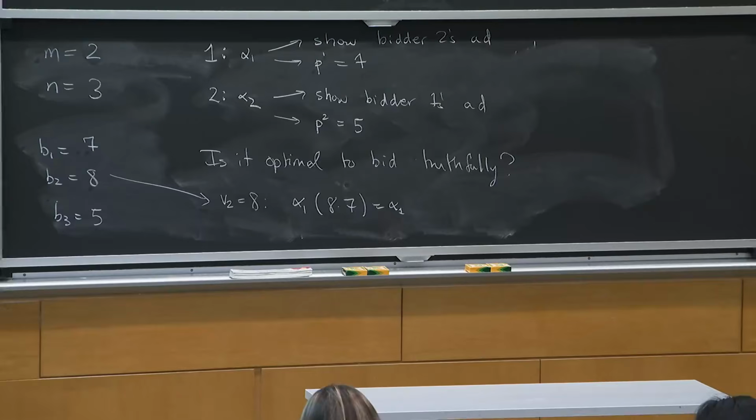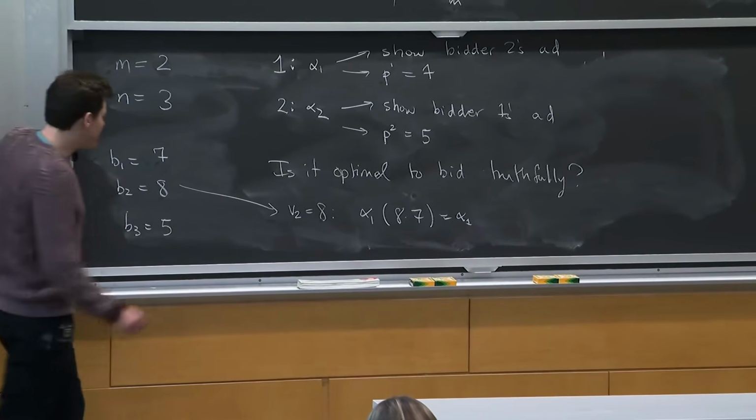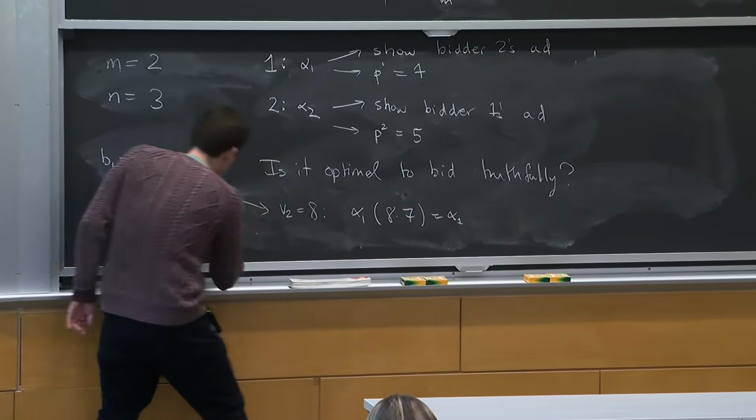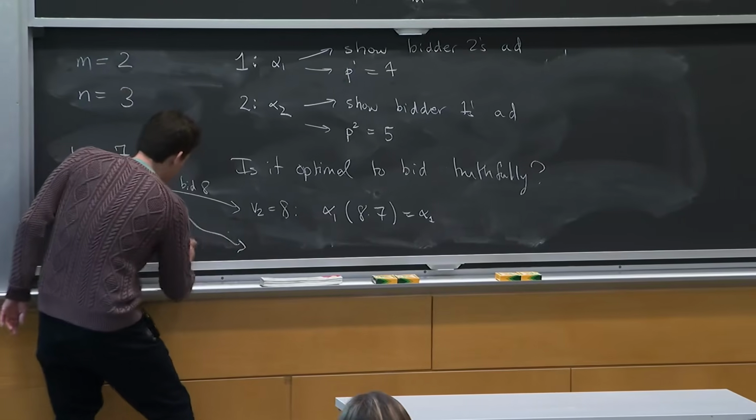But let's suppose that instead they bid a bit less. Instead of bidding 8, they bid 6.